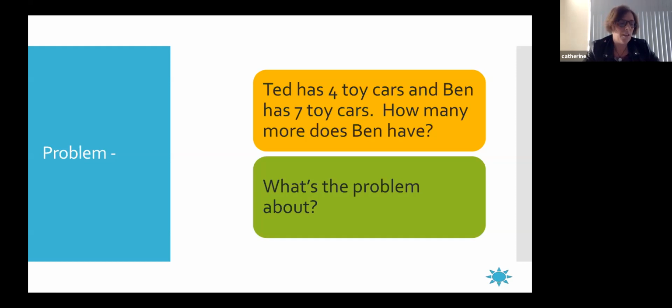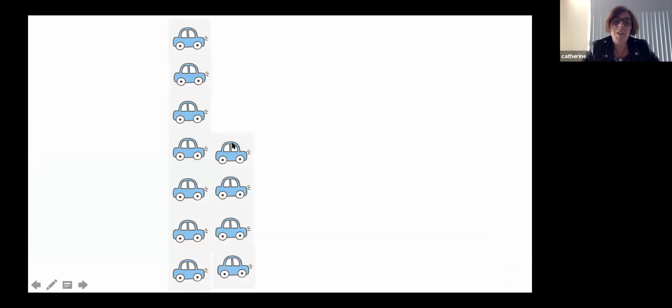Having lots of discussions about relationships can help prepare children for problem solving in groups. Having structured materials to show relationships will bring a visual understanding. Now we could get 7 cars out and 4 cars out, and that would be a valuable exercise.